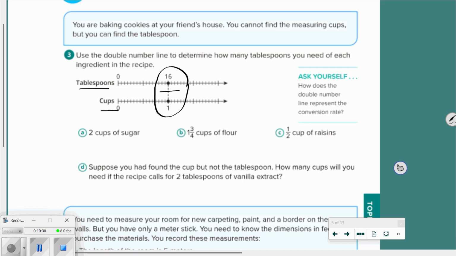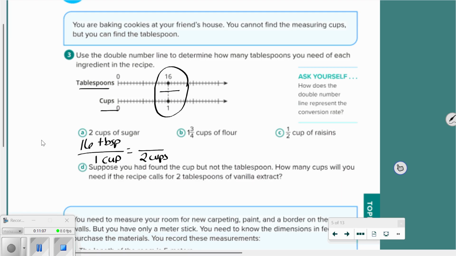What do we know from our double number line about tablespoons and cups? 16 tablespoons is 1 cup. Yes? And what do I know from my problem? 2 cups. So my cups go where my cups are. They're both denominators. All I'm doing is building fractions based on the information that they gave me.